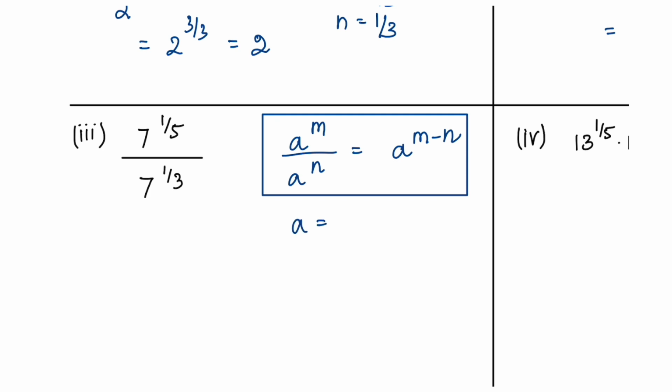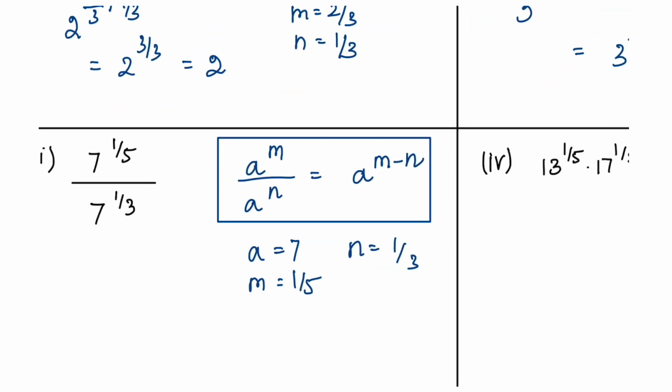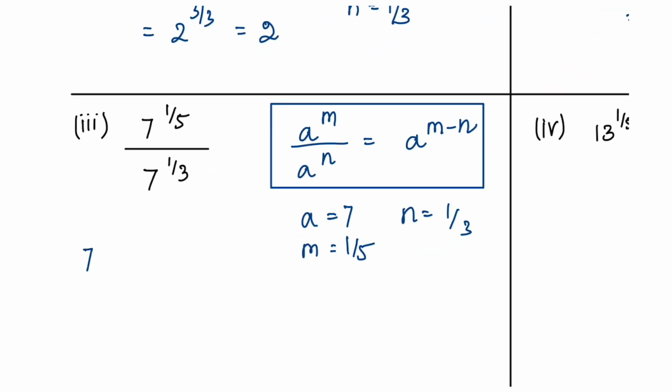In this case, a is equal to 7, m is equal to 1 by 5 and n is equal to 1 by 3.